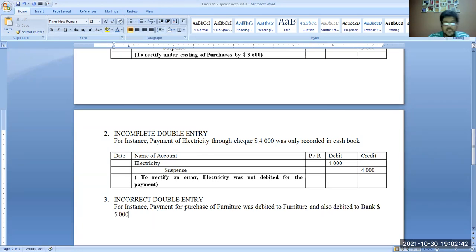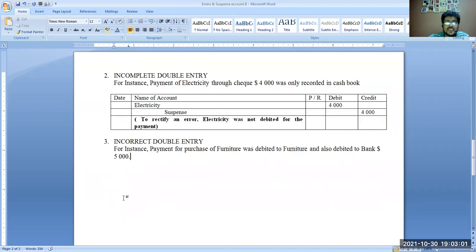Okay, now we have purchased furniture $5,000. We have debited furniture, that was supposed to be debited, and bank was supposed to be credited. When you are buying furniture and you are paying, it means your bank is going to be credited. But we have debited the bank also.